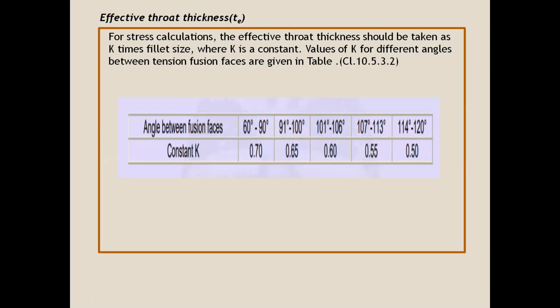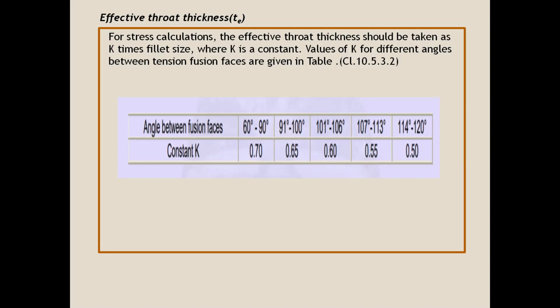Values of K for different angles between tension fusion faces are given in the table, clause 10.5.3.2. For angles between fusion faces of 60 to 90 degrees, K is 0.70; 91 to 100, 0.65; 101 to 106, 0.60; 107 to 113, 0.55; and 114 to 120 degrees, 0.50. These are the K values as per the Indian Standard.